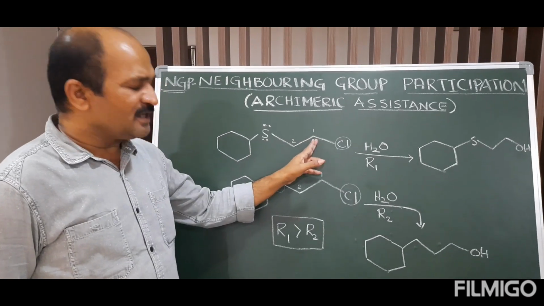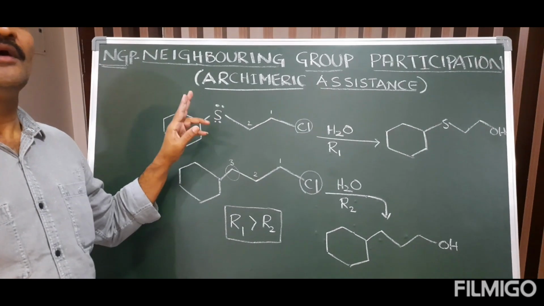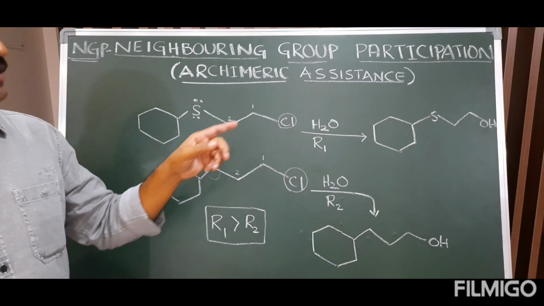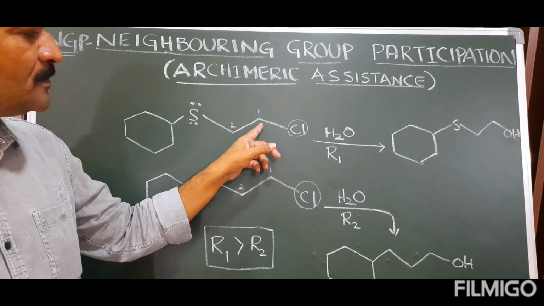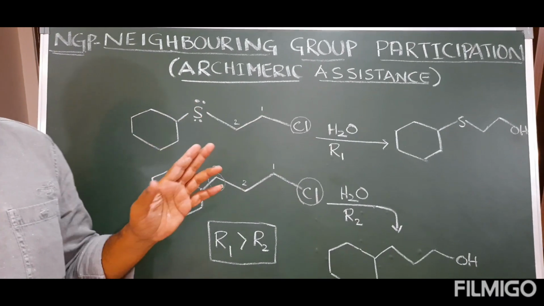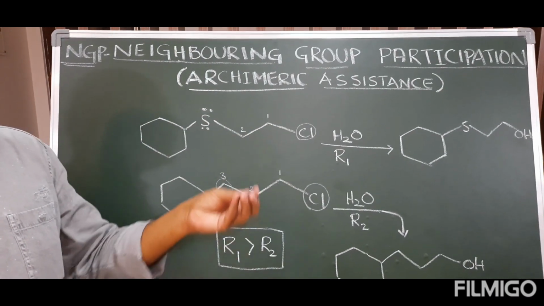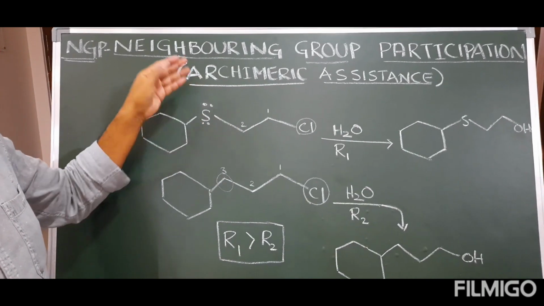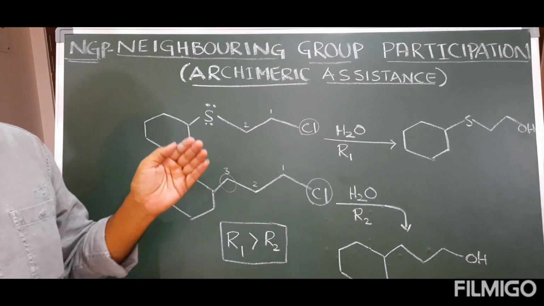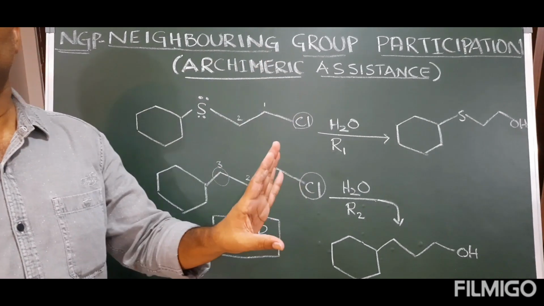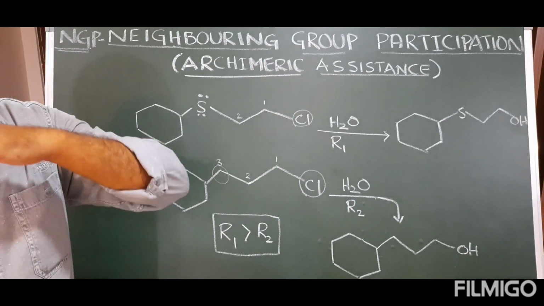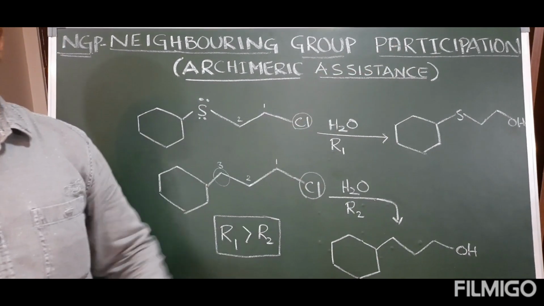From the leaving group, on the third position or the fifth position, if groups are there with lone pairs or with multiple bonds, they will show the neighboring group effect. Remember that, and 50% of your doubts will be cleared.